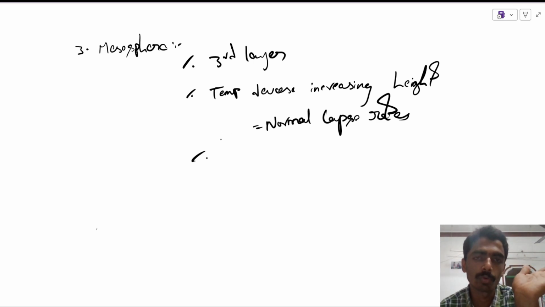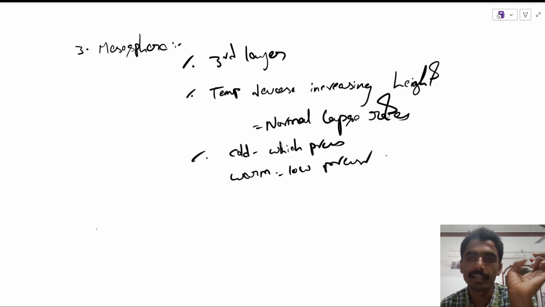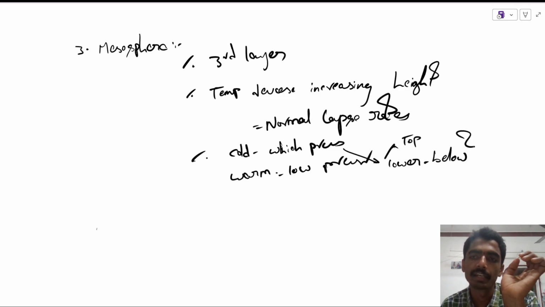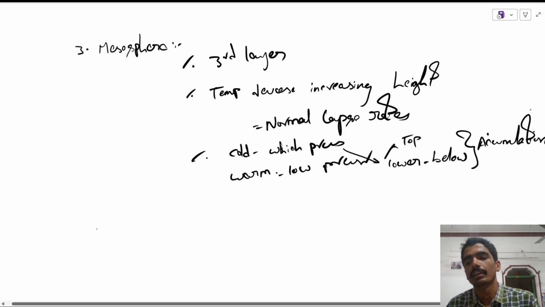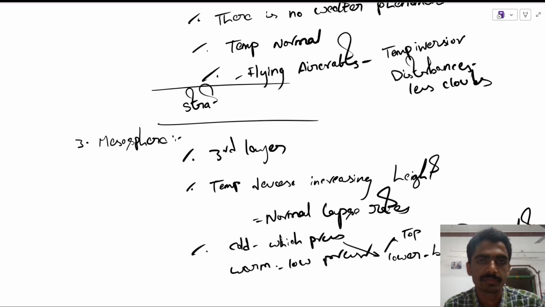Why? Because the cold layer means high pressure, and the warm layer means low pressure. So the low pressure area accumulates at the top and the high pressure accumulates at the lower, below. So there was the accumulation. That's why temperature inversion takes place. So between the stratosphere and mesosphere there was the stratopause. This was the intermediate layer.